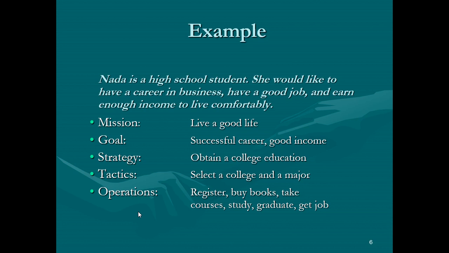After she puts her strategy, which is obtaining a college education, Nada will put her tactics, which is to select a college and a major that she will specialize in.